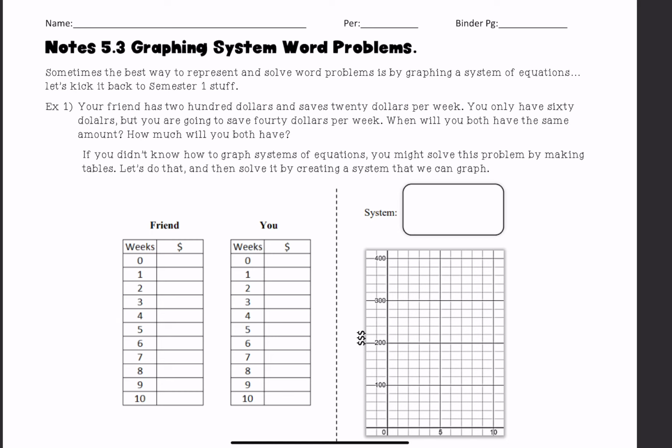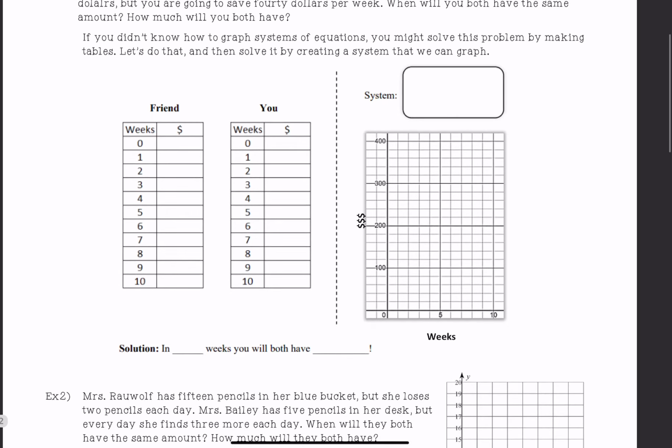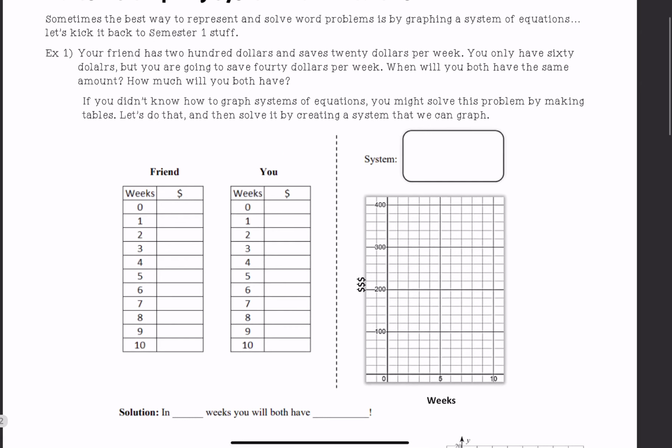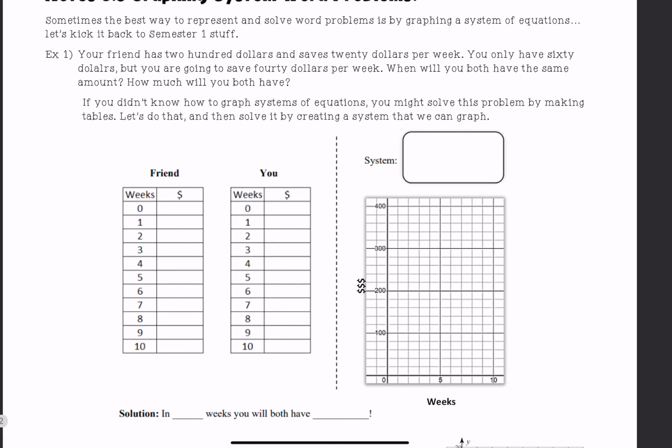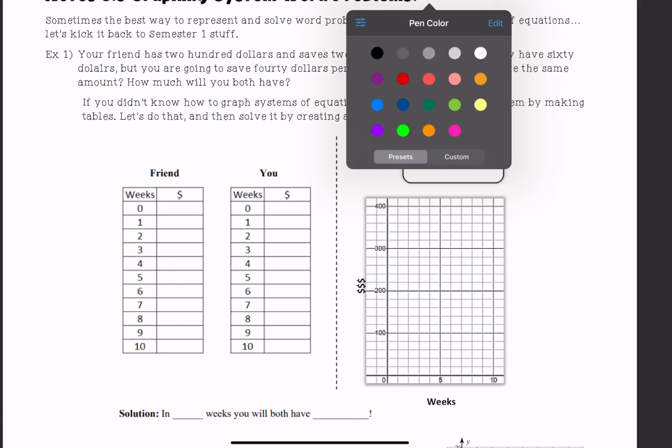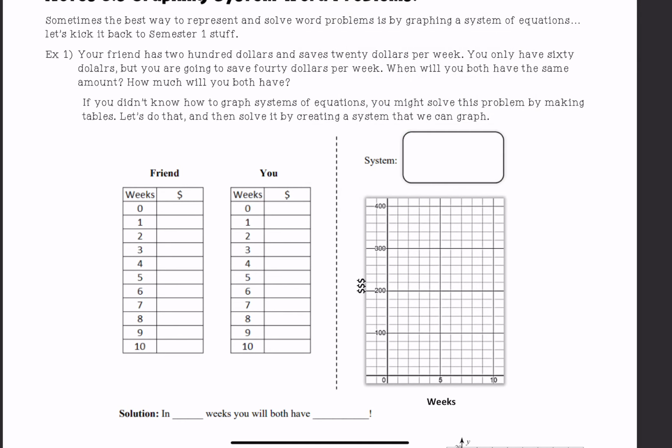Now, you can graph systems, but first let's start off making a table, right? So let's talk about your friend first. So your friend has $200 and saves $20 per week. Well, after 0 weeks, they just have the $200.